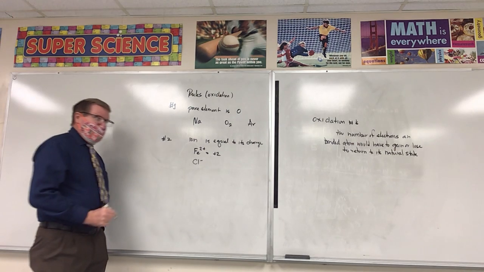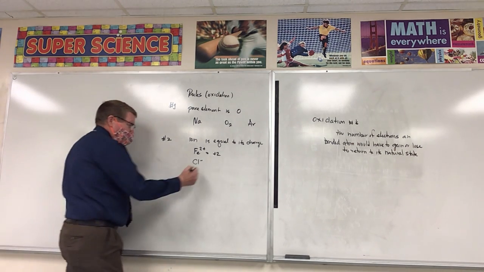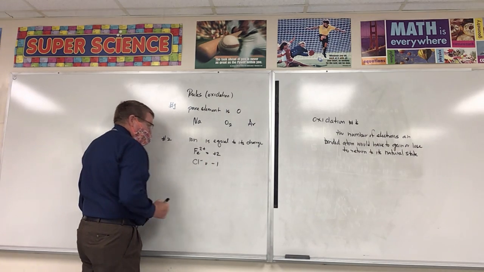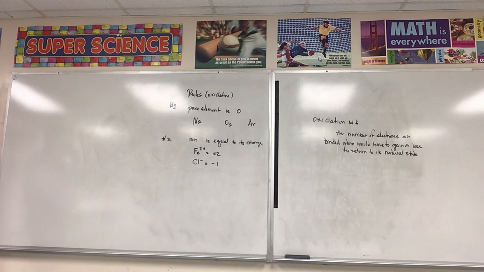The chlorine ion, Cl negative, oxidation number is -1. If you notice the distinction between an oxidation number and a charge: oxidation number, the sign goes in front. The charge, the sign goes at the end.